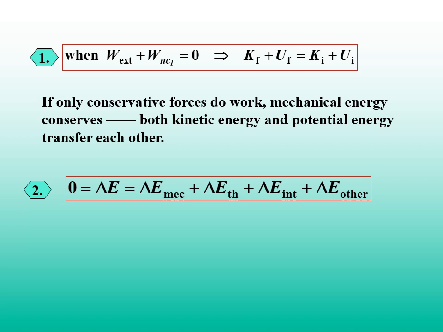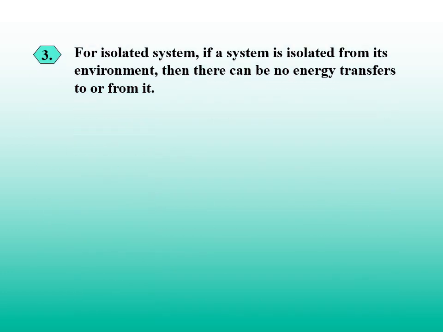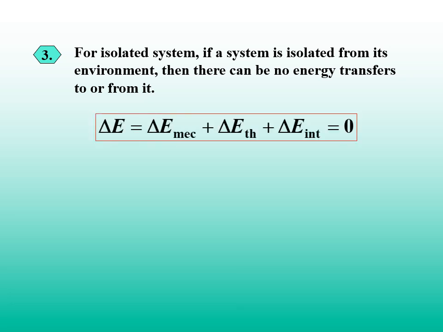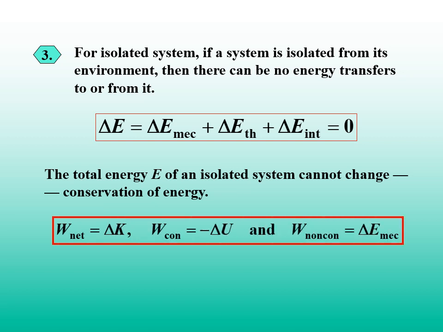The total energy of a system can change only by amounts of energy that are transferred to or from the system. For an isolated system, if a system is isolated from its environment, then there can be no energy transfers to it or from it. The total energy E of an isolated system cannot change.